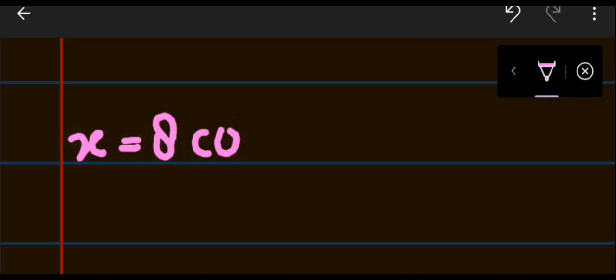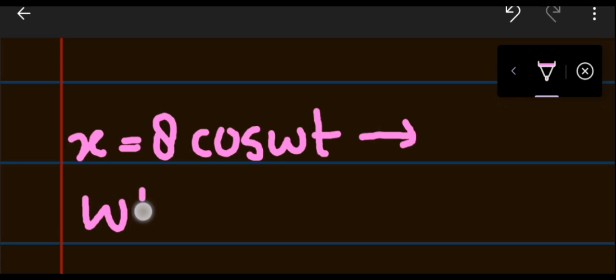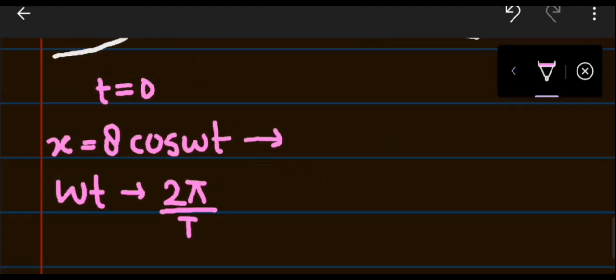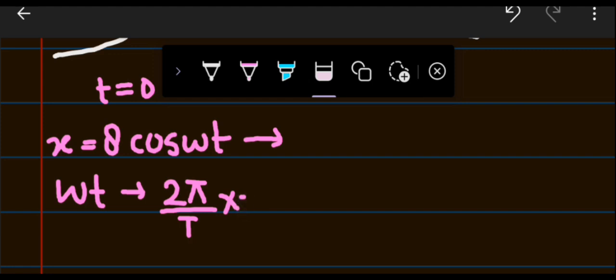So how will you find it? First of all, we will write the equation, which is x is equal to 8 cos omega t. First of all, we have to find the phase angle. So omega t, and here omega we know is 2 pi by T, and for t first of all we are going to take t equal to 0. Time is equal to 0, so multiply by 0.